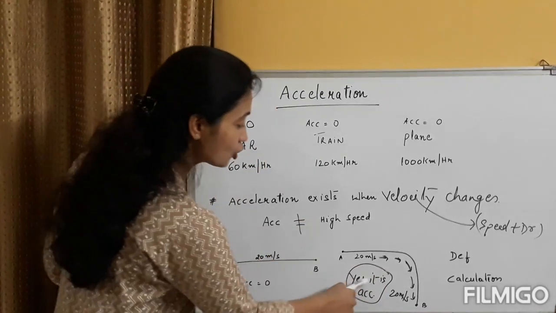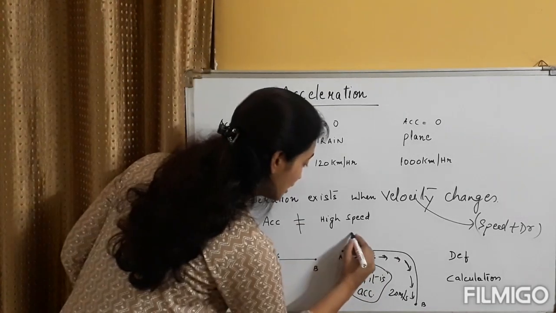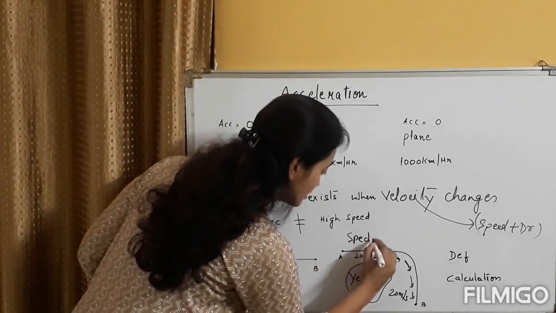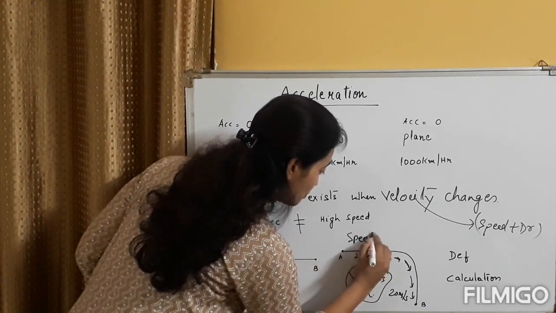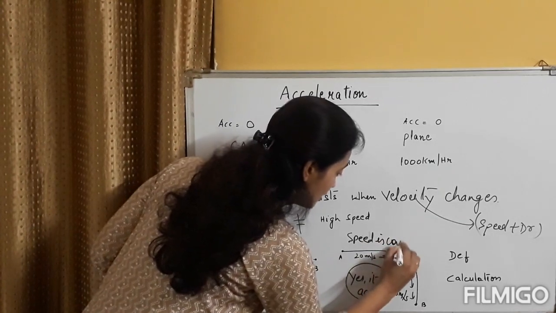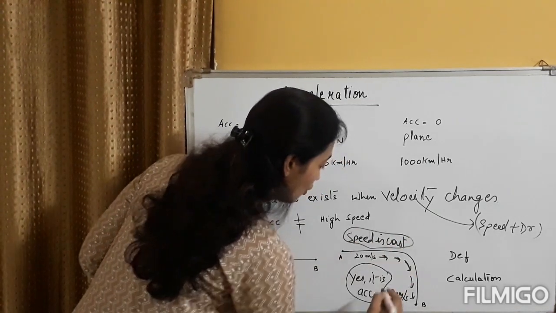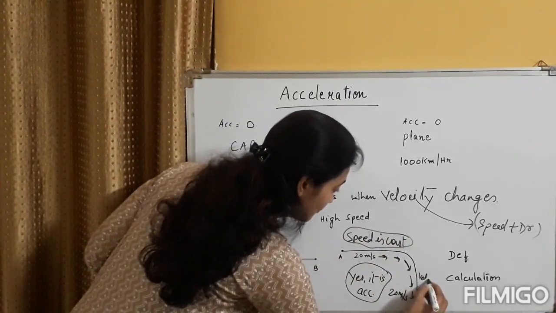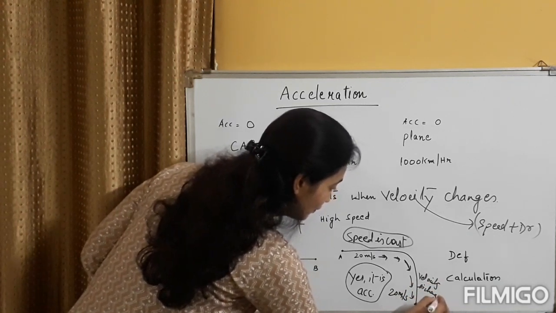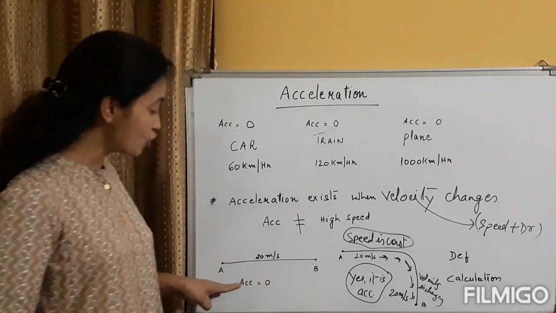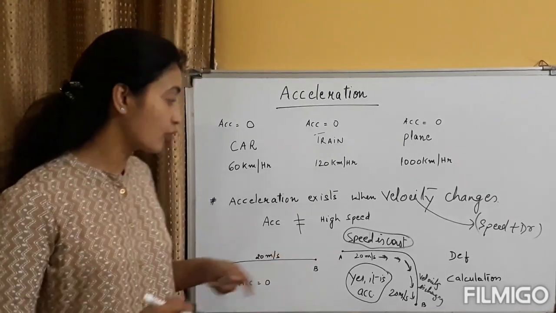What is constant here? Yes, here the speed is constant. You can say the magnitude of speed is constant, but velocity is changing. In the earlier situation, velocity and speed both are constant.